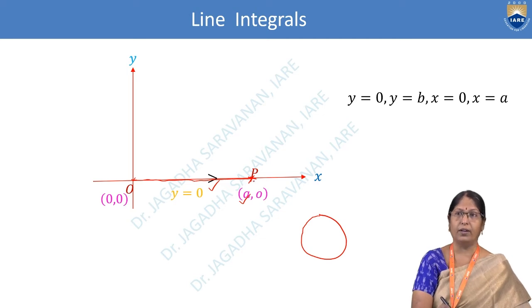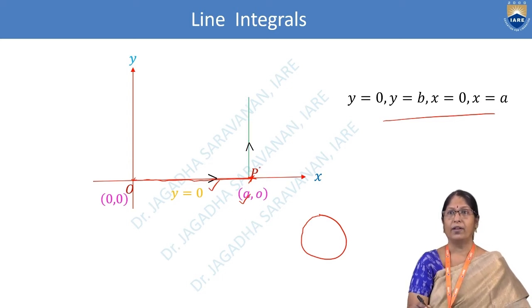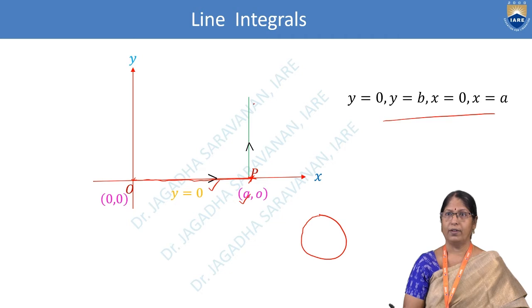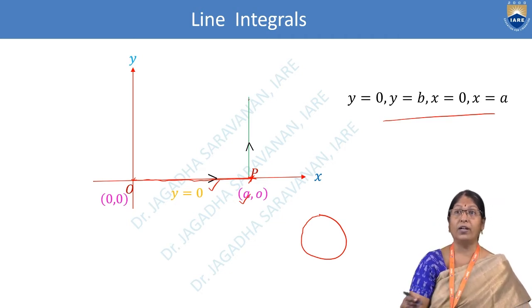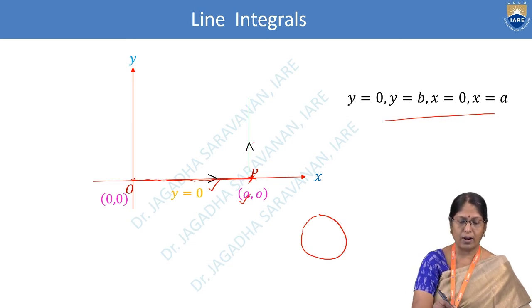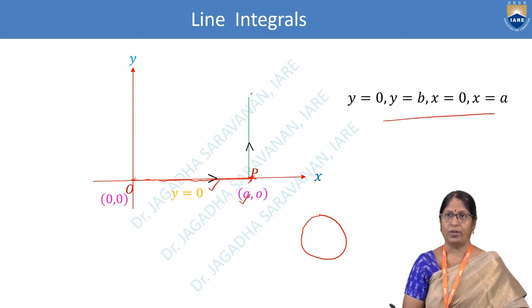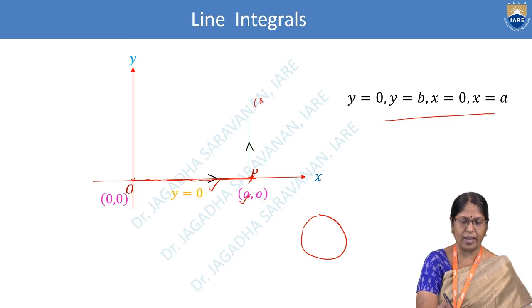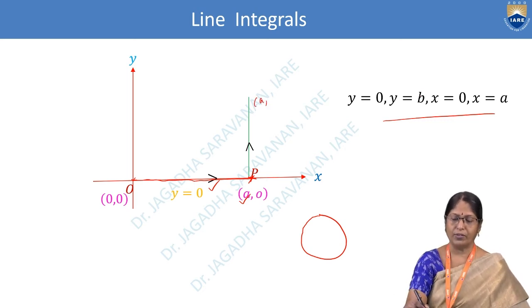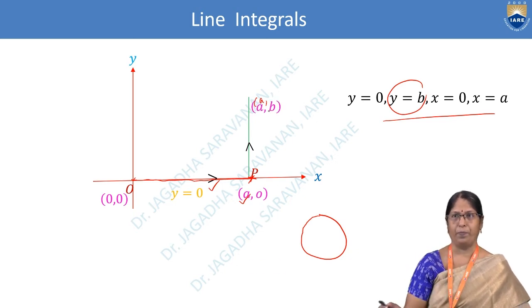So we are here. Next, we have to see the point. It takes the direction and moves vertically, that means parallel to the y-axis, in the y direction. At what point? Here x is a and it is given y equal to b.